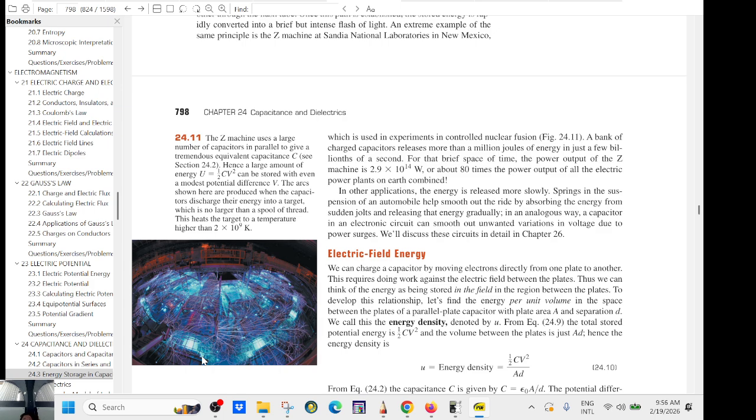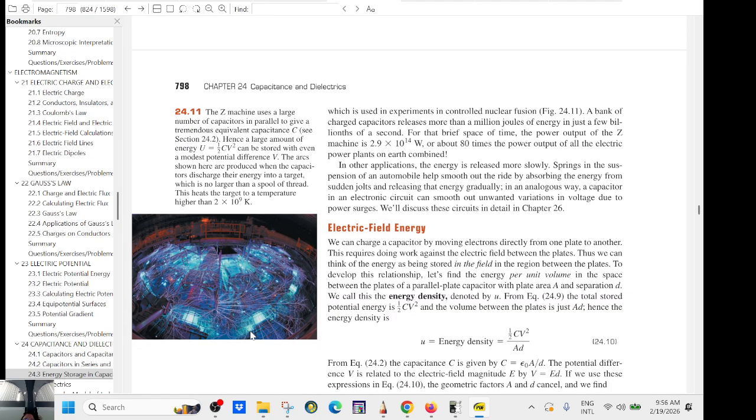Now, a coil inductor can store energy in the magnetic field, but that energy can be burped out into a very high voltage, so it can provide sparks. So you have similarities. Anyway, this is called a Z machine, and they store energy in capacitors.